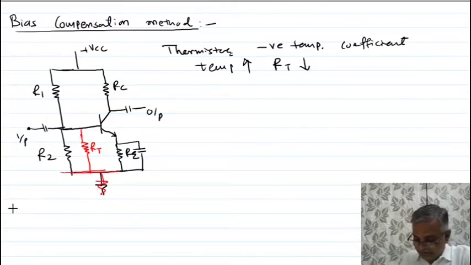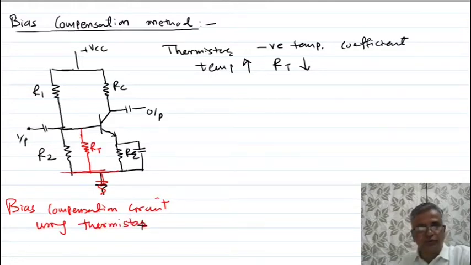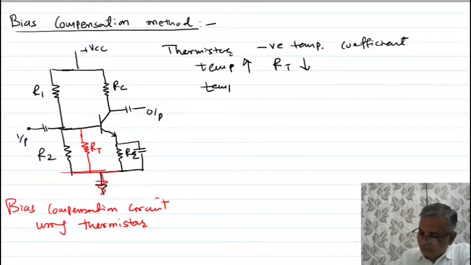So this circuit is the bias compensation circuit using a thermistor. First, you should know the property of a thermistor. A thermistor has a negative temperature coefficient. It means as temperature increases, the resistance of the thermistor decreases. Suppose the temperature of the transistor increases. As a result, the resistance of the thermistor decreases.